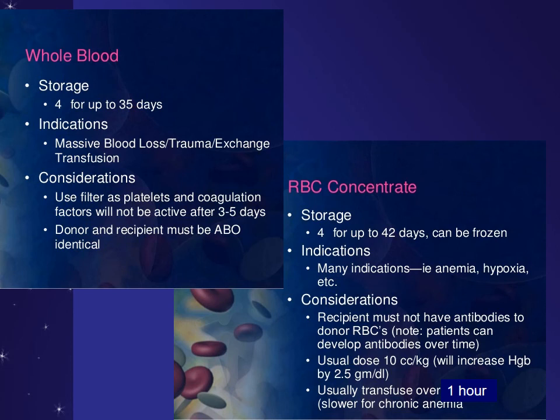The dose for a red cell concentrate would be 10 milliliters per kilogram body weight, and generally blood transfusion has to be completed over 1 hour, because the longer you keep blood outside storage conditions, the higher the chances of that blood being contaminated with various bacteria.